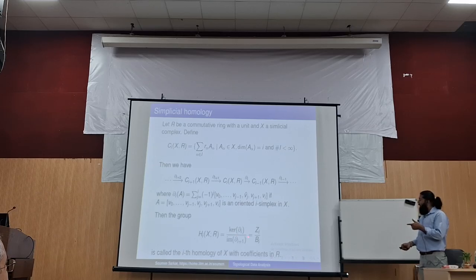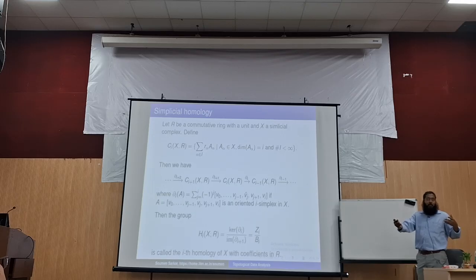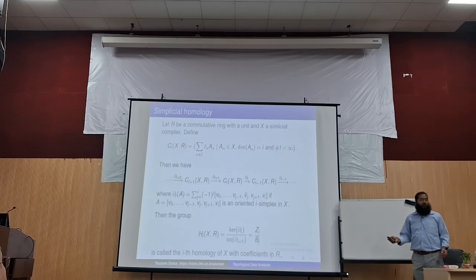The image of this one is a submodule of the kernel. That we studied in homomorphisms of groups or rings. Therefore, since it is a module, it is a normal subgroup and we can take the quotient module. That quotient module is what we call the i-th homology group of the simplicial complex.